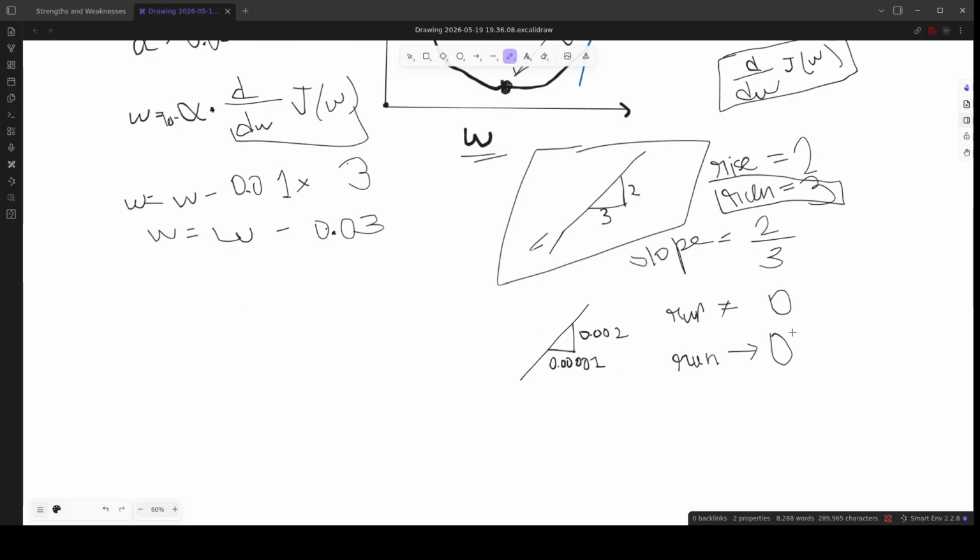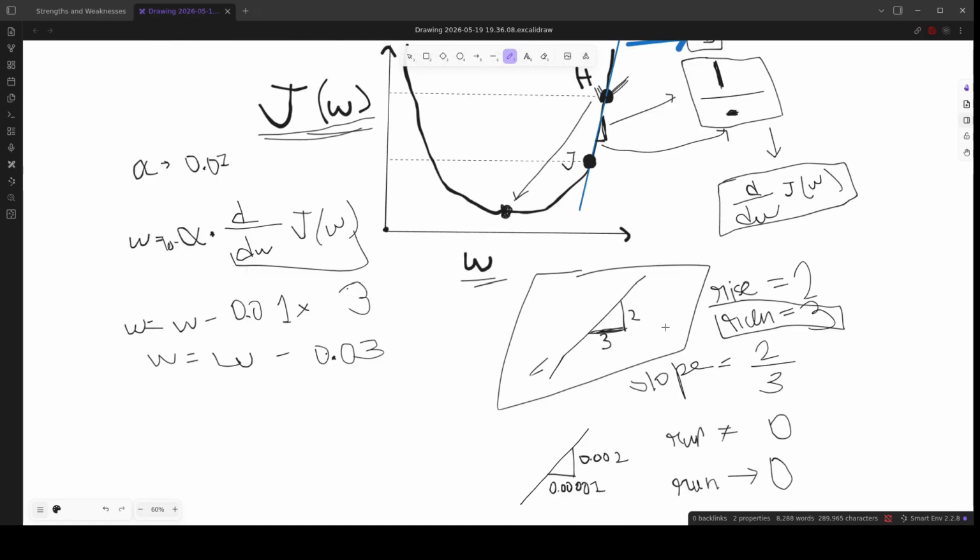The derivative is simply when we take the run, which here is 3, to be a very, very small number, but not 0. It approaches 0, but it is not equal to 0, if that makes sense. For example, we can take the run to be 0.00001. That would be the derivative.